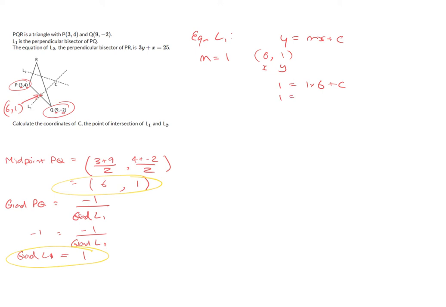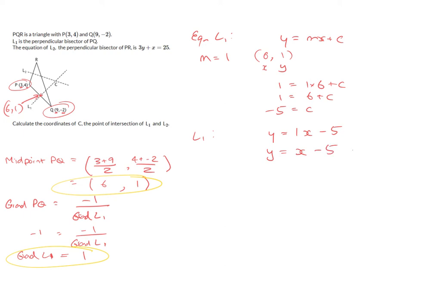So 1 equals 6 plus c, so c clearly equals -5. So I now have the gradient and the intercept, so I can write the equation for L1, and that will be y equals, my gradient is 1, so it's 1x, my intercept is -5, so let's tidy that up and say y equals x minus 5.